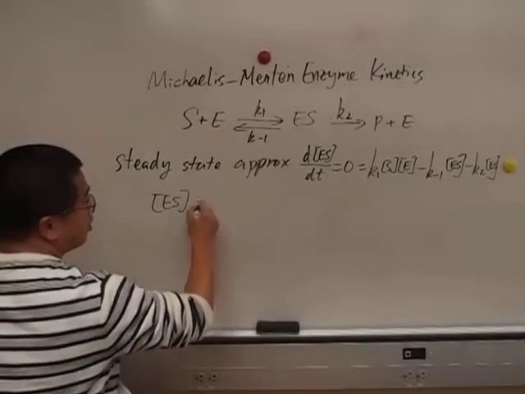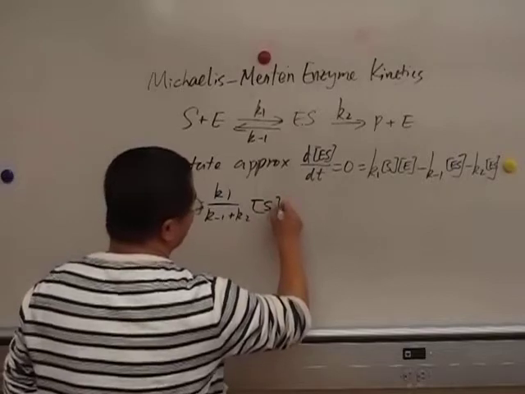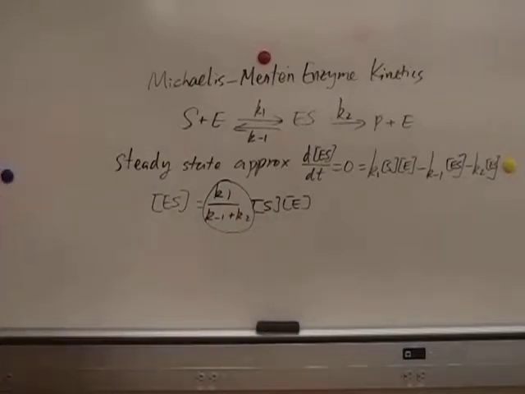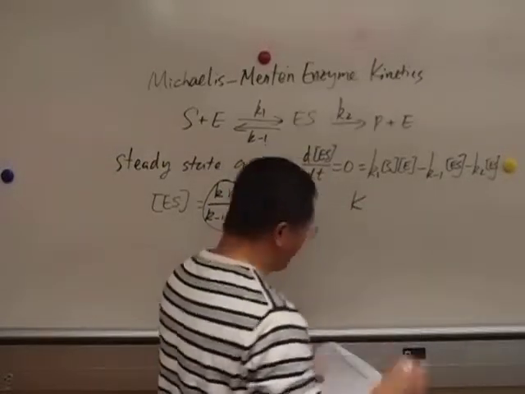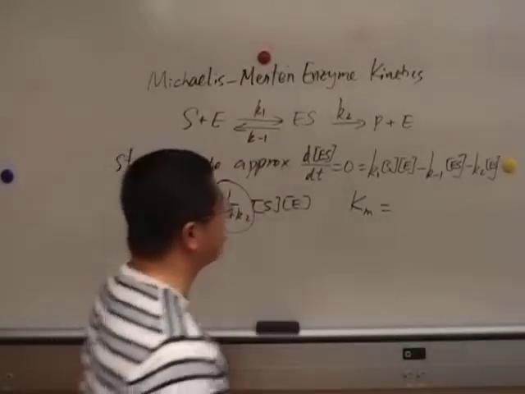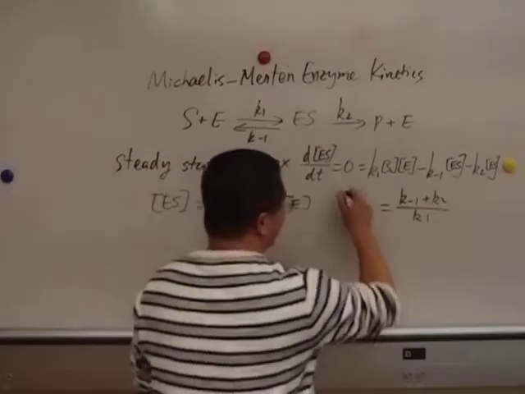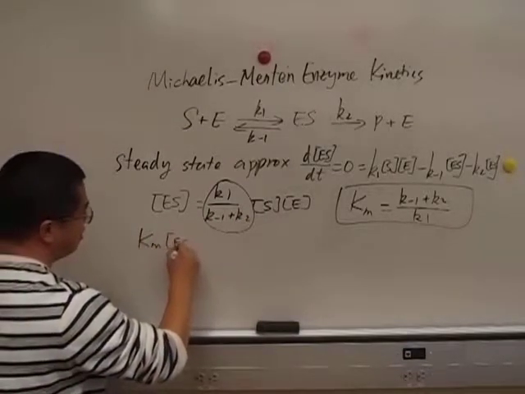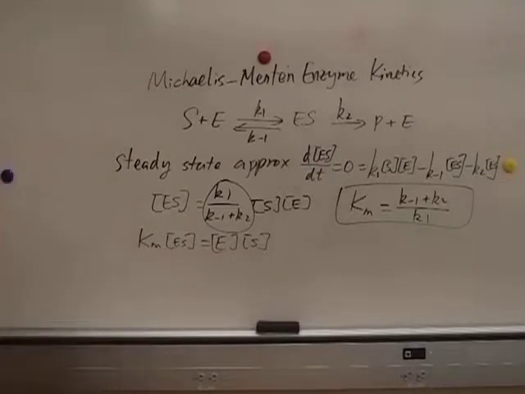So basically, ES is equal to K1 over K minus 1 plus K2, and then times S times E. This part is complicated, but if we set a composite constant, uppercase K sub M, to be K minus 1 plus K2 over K1, we can simplify this equation to K sub M times ES equals E times S. Again, this E and S are the concentration of the enzyme and the substrate at time t.